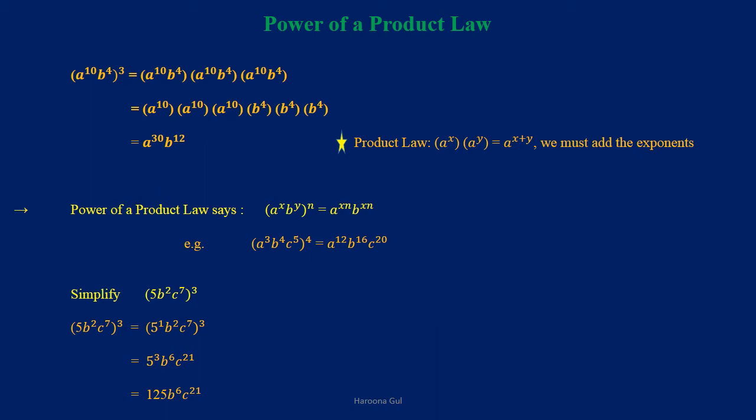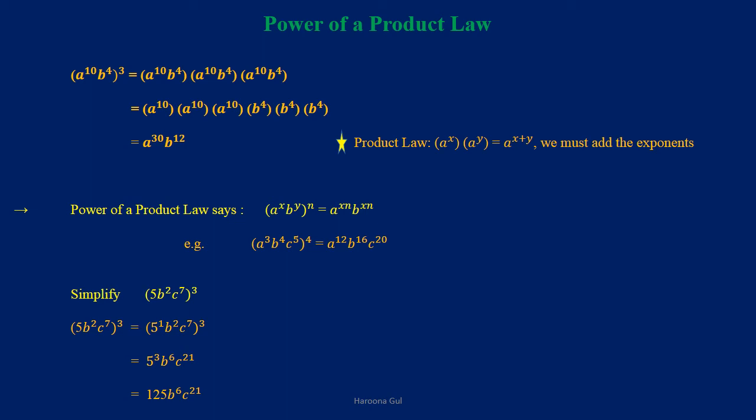The power of a product law says that a power x into b power y whole raised to the power n is equal to a power xn into b power yn. For example, a raised to the power 3, b raised to the power 4, and c raised to the power 5, the whole raised to the power 4 is equal to a to the 12, b raised to the power 16, and c raised to the power 20.